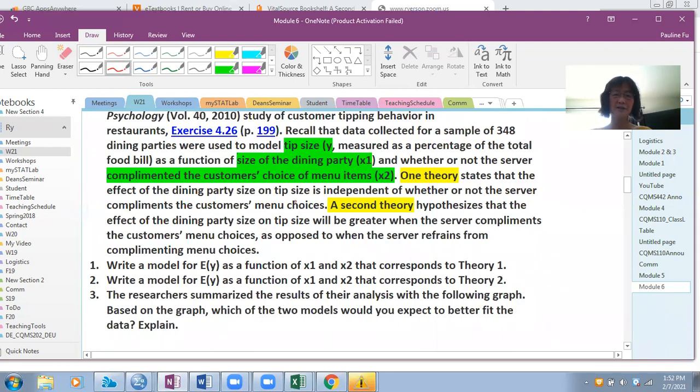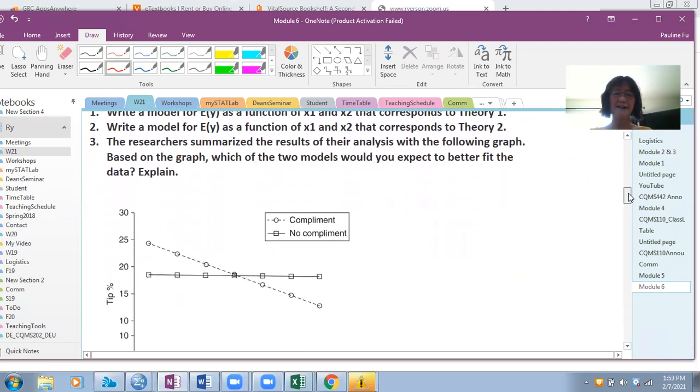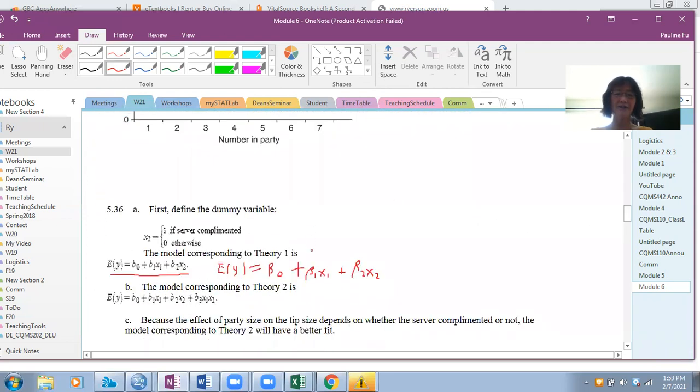That is theory 1: X1 independent of X2. So when X1 is independent of X2, they just have the main effect. So it is just beta 0 plus beta 1 X1 plus beta 2 X2. There is no interaction effect.